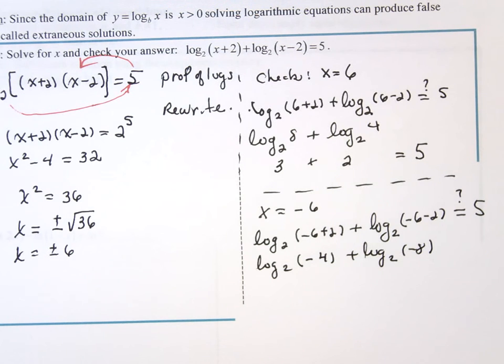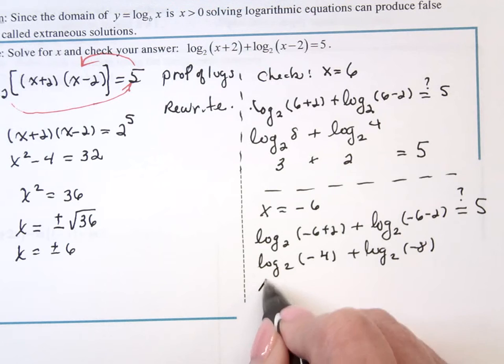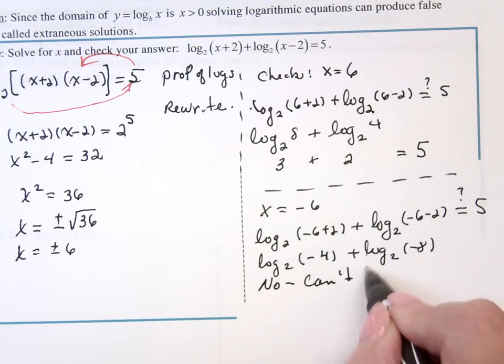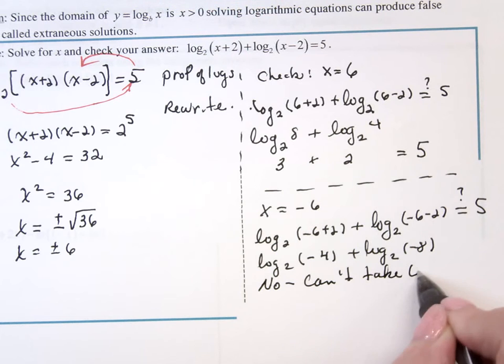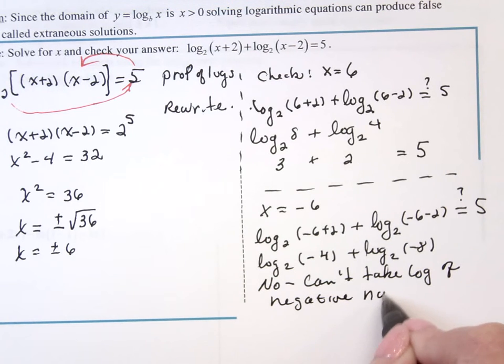What do I notice? It's a negative. The argument's negative. And what do I know about negative arguments and logarithms? Can't exist, right? So this is a no. Can't take the log of a negative number.